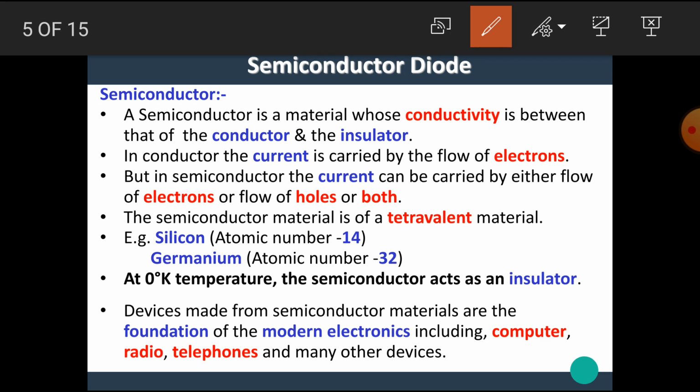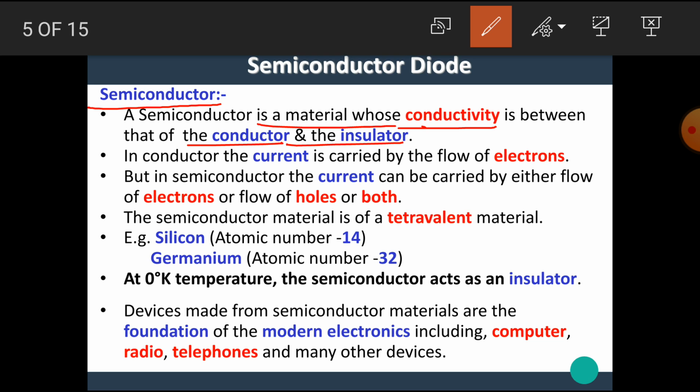Let's start our topic, the semiconductor. What is meant by semiconductor? We already learned that a semiconductor is a material whose conductivity is between that of the conductor and the insulator. The conductivity is the current carrying capacity.